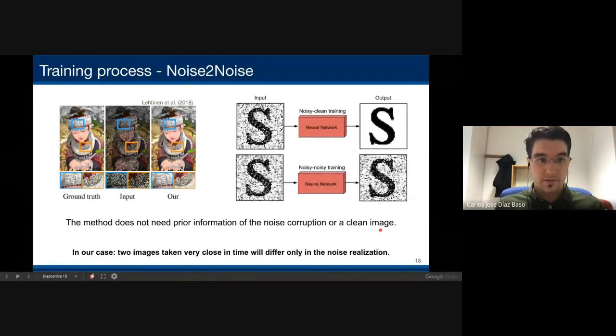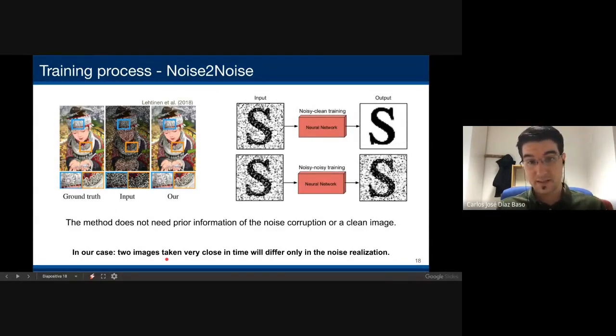In real life, it's a little bit more difficult. At the end, what we have is two monochromatic images very close in time, where the main difference is the noise realization. Under this assumption, we can train one of these neural networks.